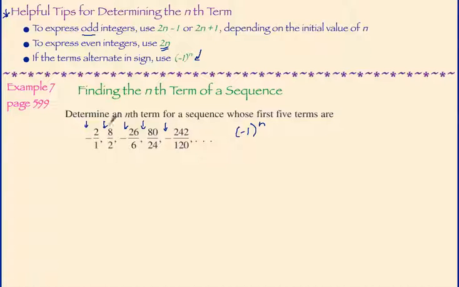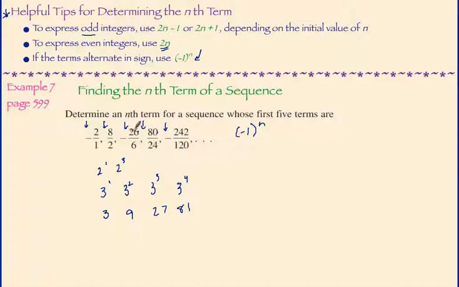Now, as far as the numerator is concerned, you could spend some time trying to figure this out. This looks like 2 to the 1 and then 2 cubed, but then this isn't a power of 2 and this isn't a power of 2. But you might begin to recognize, wait a minute, let me look at powers of 3. 3 to the 1, of course, is 3. 3 squared is 9. 3 cubed is 27. 3 to the 4th power is 81.